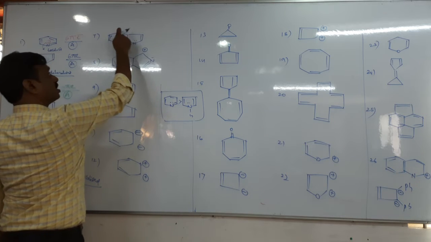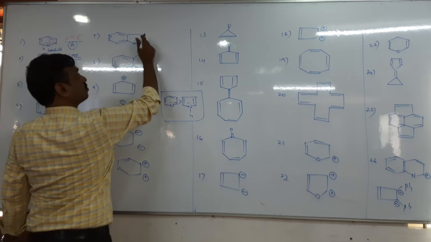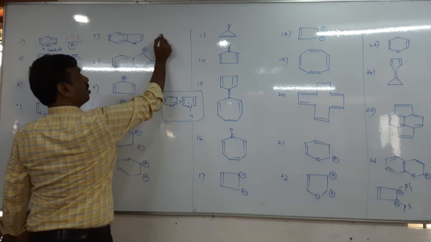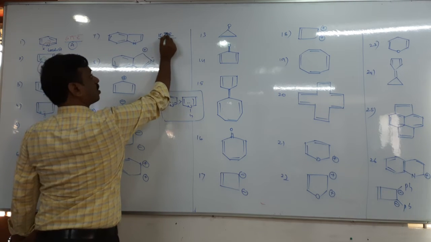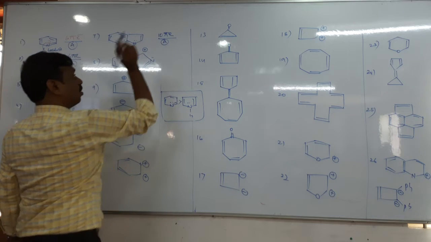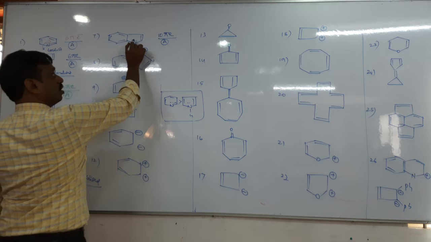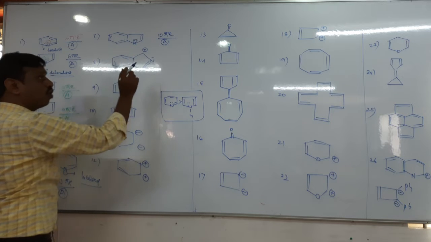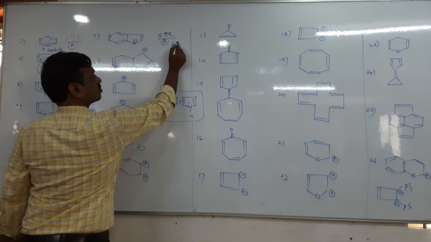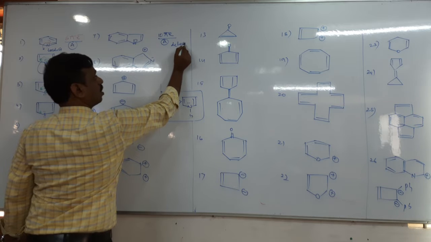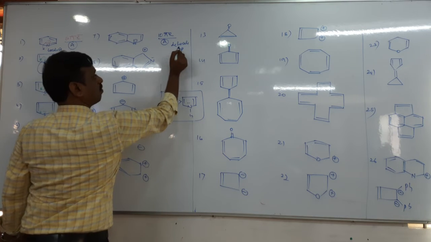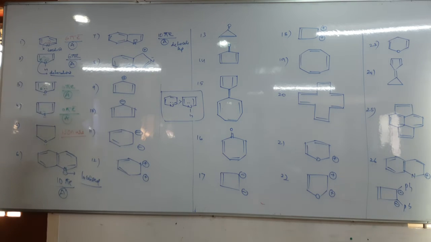Now here also it is 4 plus 5. It is 10 pi electrons. Tell me, 10 pi electrons, it is aromatic. Now, aromatic with a delocalized or localized lone pair? So here this is delocalized. Delocalized lone pair of electrons.